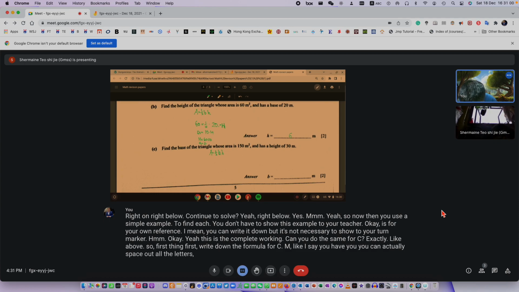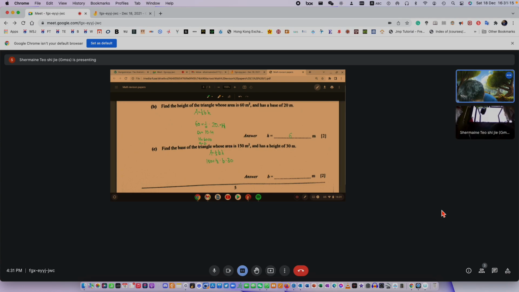No need to squeeze them together. So now you are asked to find the base this time round. So going forward, you're not going to use trial and error. You are supposed to use this method.